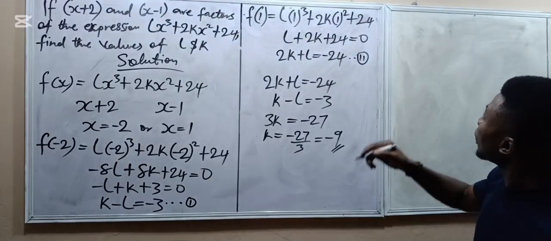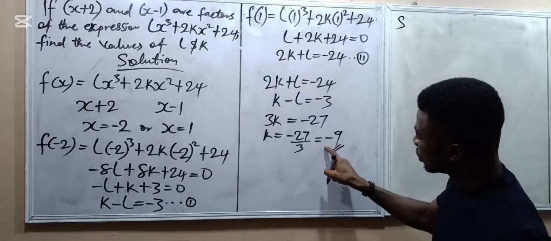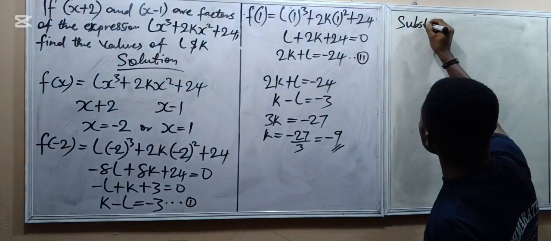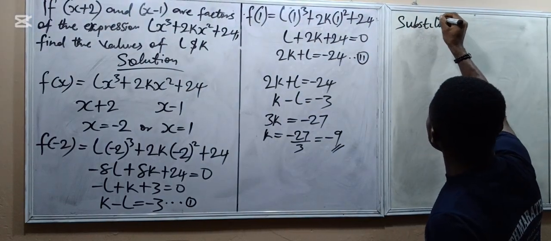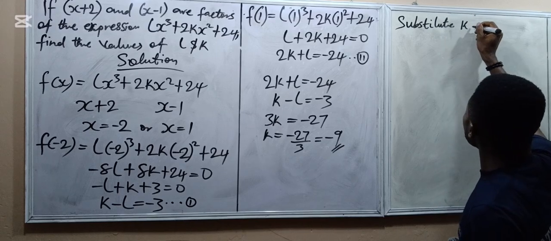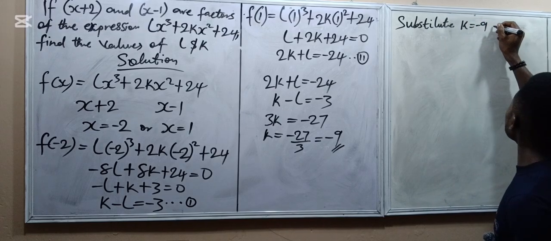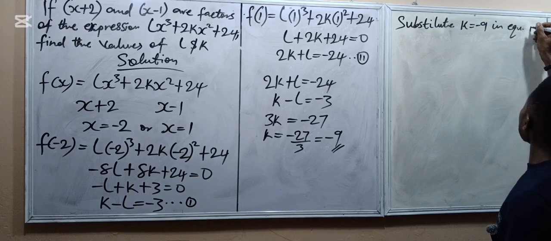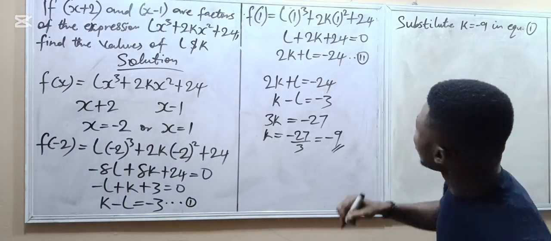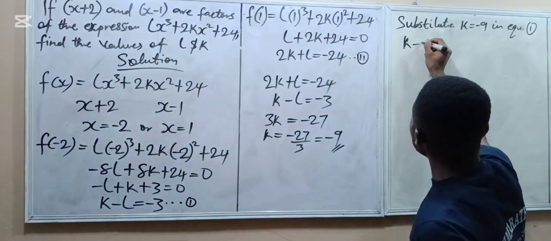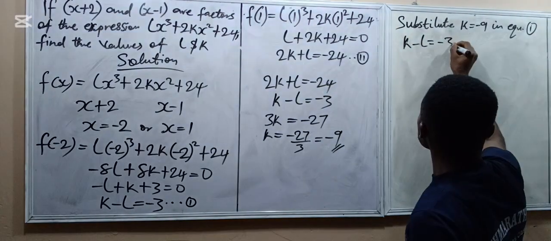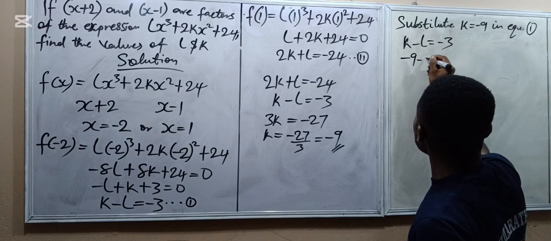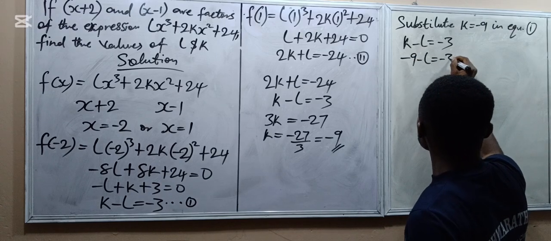Now to get the value of L, you substitute this into equation 1. That is, substitute k equal to minus 9 in equation 1. And equation 1 is k minus L is equal to minus 3. And then when k is minus 9, that means minus 9 minus L equal to minus 3.